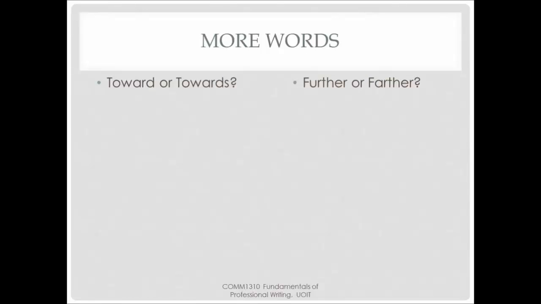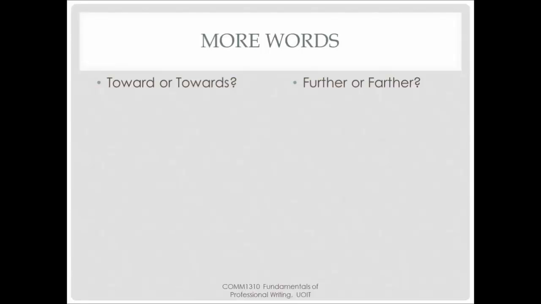Here we have some more examples. This first one, do you use toward without an S or towards with an S? The word usually acts as a preposition. In fact, there is no right or wrong answer here. Toward without an S is used more often in American English, while towards with an S is used more often in British English. I've also heard, however, that towards with an S refers to direction, while toward without an S refers to with respect to or on the verge of.